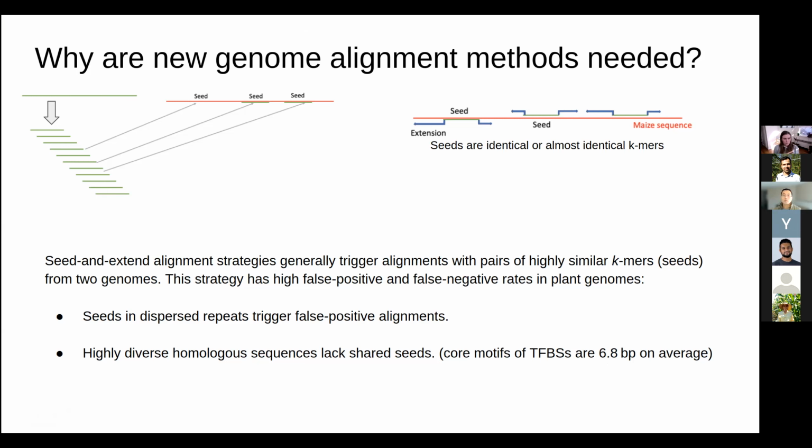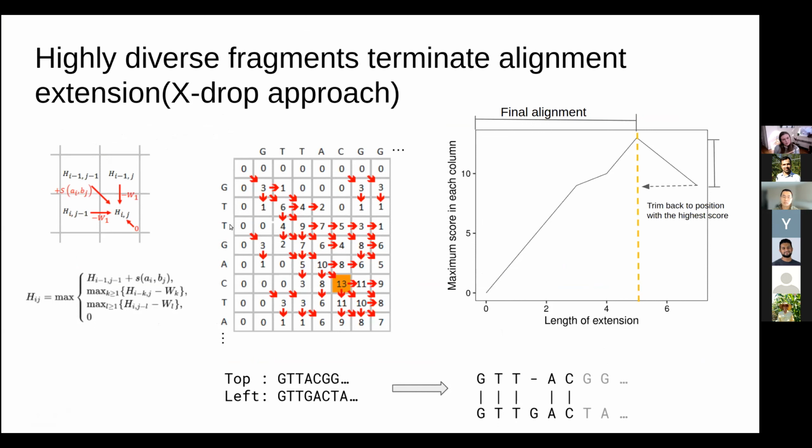And for the extension step, in general, we use a dynamic programming algorithm. If you have ever heard about the Smith-Waterman algorithm, when we perform a sequence alignment for two sequences, we put one sequence at the top and another at the left, and we fill out a score matrix.